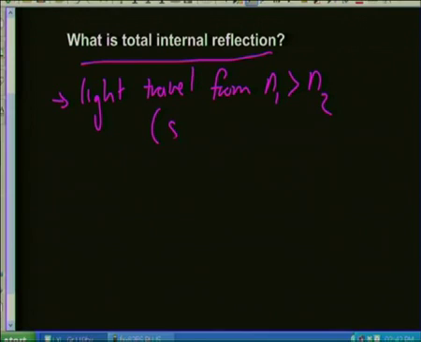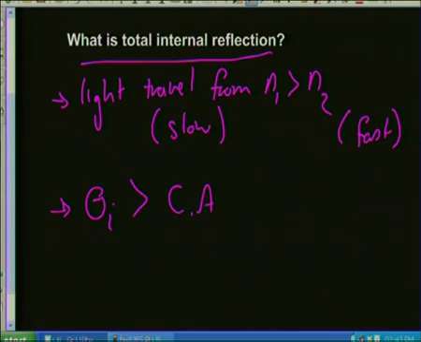It will be moving slow in the first medium. It's going to be moving fast in the second medium. And then the second thing that we need to recognize is that when light does this, if the angle of incidence is greater than something called the critical angle, then we won't get refraction, but we'll get reflection.